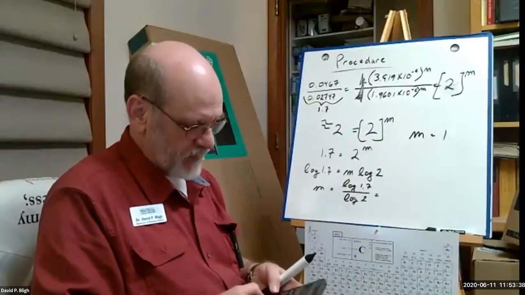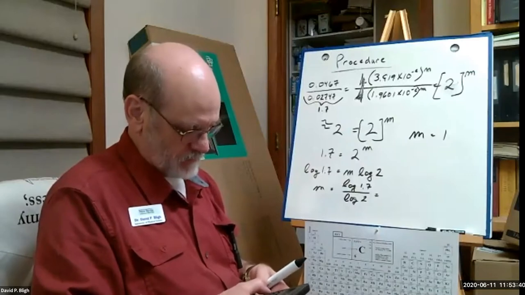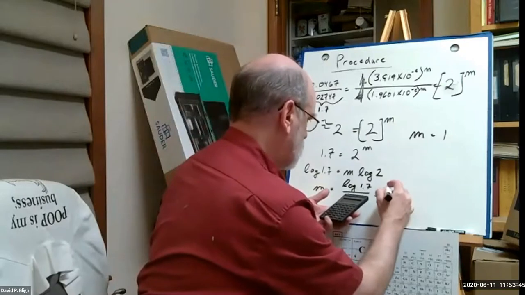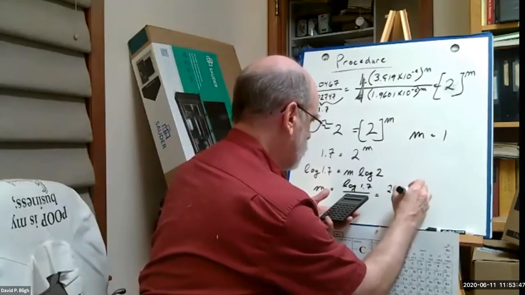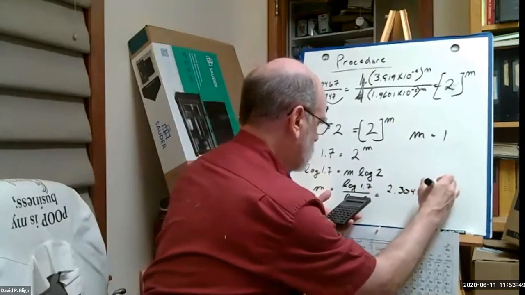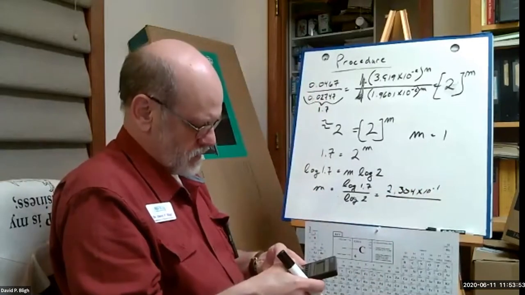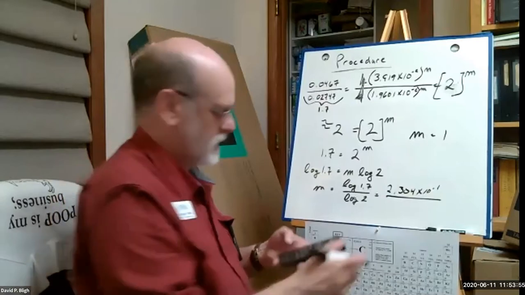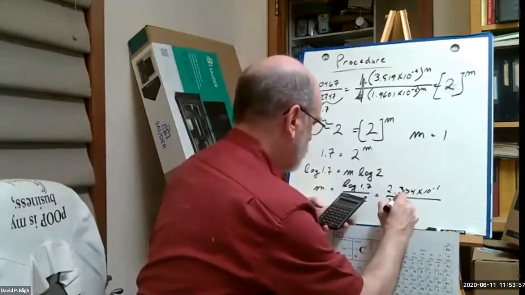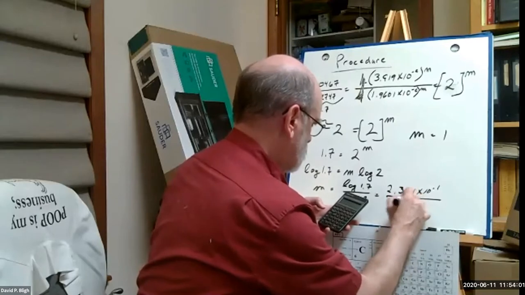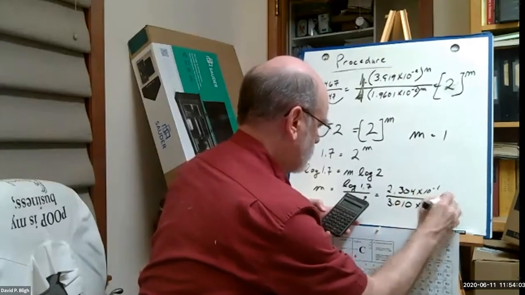So 1.7, take the log of that one, is 2.304 times 10 to the minus 1. And the log of 2 is 3.010 times 10 to the minus 1.